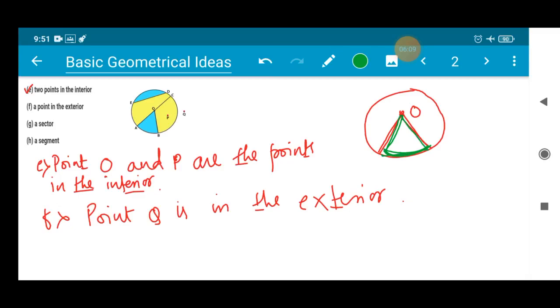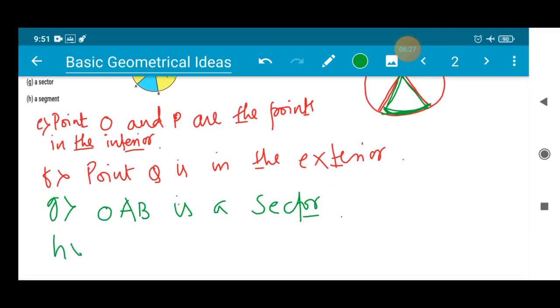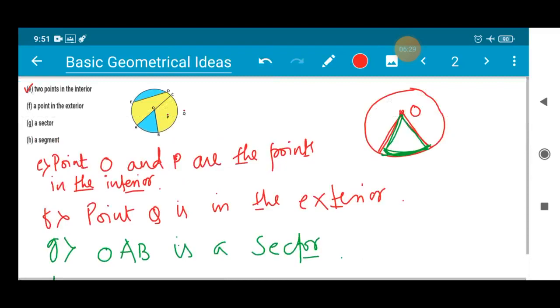If suppose over here in this figure, this is a sector, so OAB is a sector. Triangular face. Now the last question is left, that is, what is the segment in this circle?